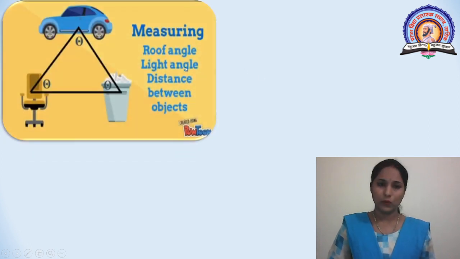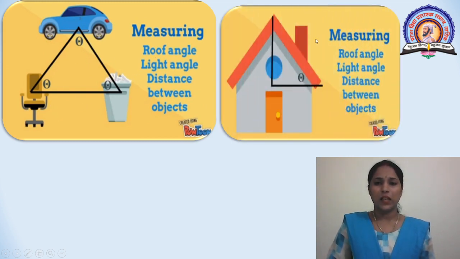Here, measuring roof angle, light angle and distance between objects. Here, for three objects, the distance between these objects we can find by using the trigonometric ratios. Here this roof angle is also found by using trigonometry.